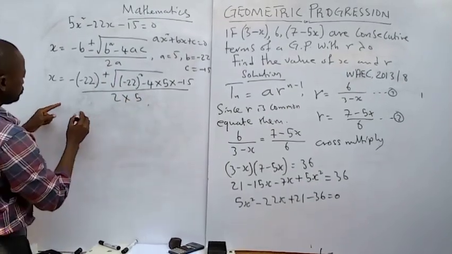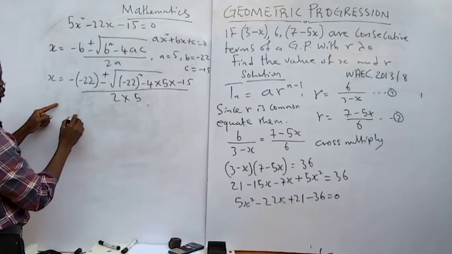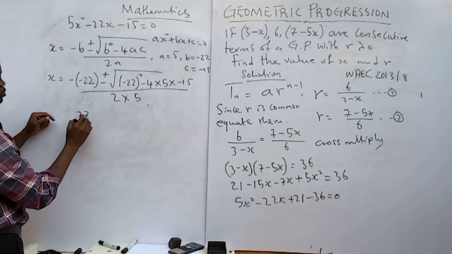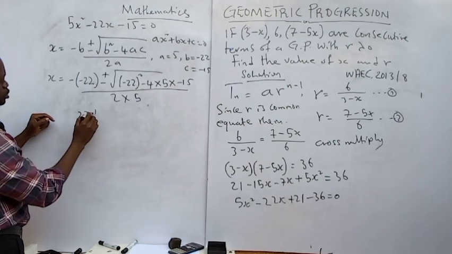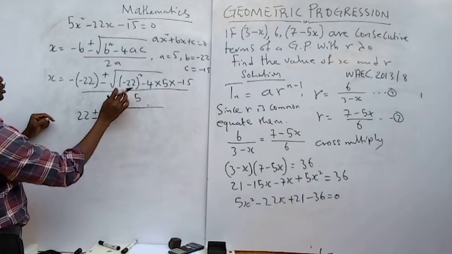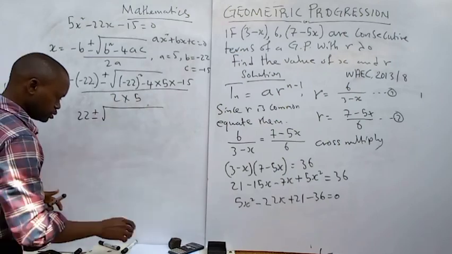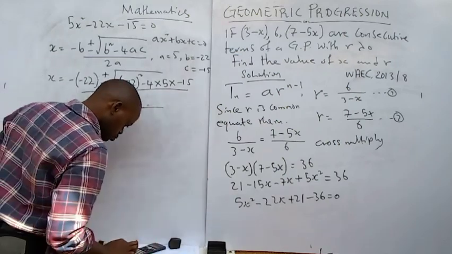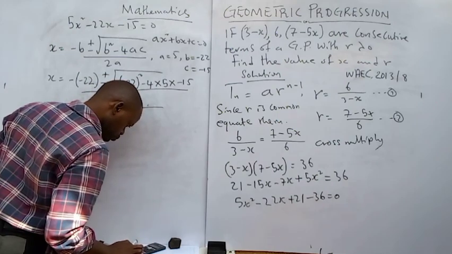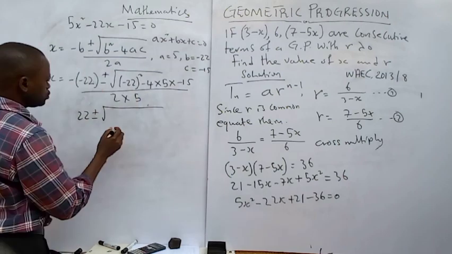So I will gather them. This is now 22 plus 22. So I'll have 22 plus or minus, inside this place, 22 squared, 22 raised to power 2, 484.